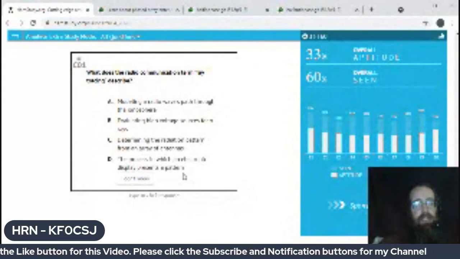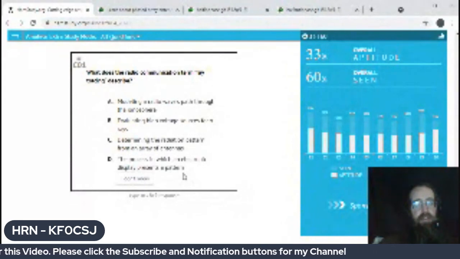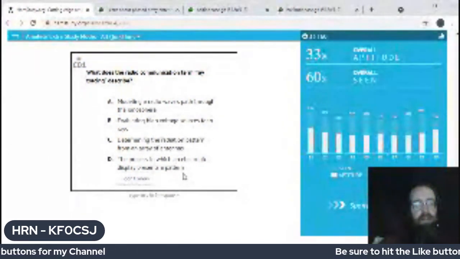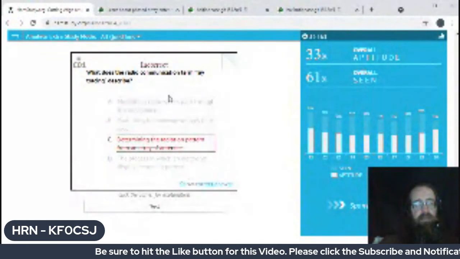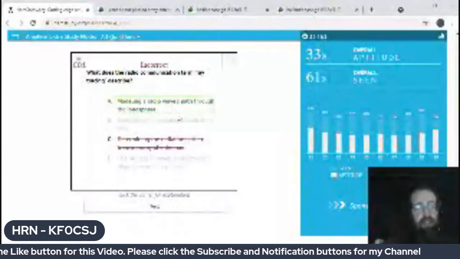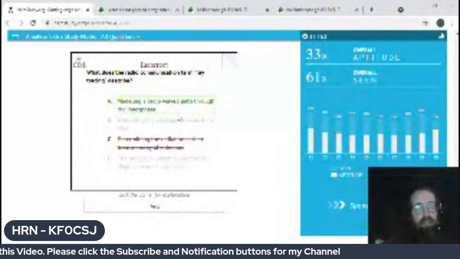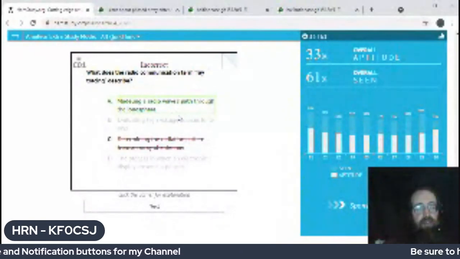D, the process in which an electric display presents a pattern. I'm going to guess C. So I was wrong. It is modeling a radio wave's path through the ionosphere.